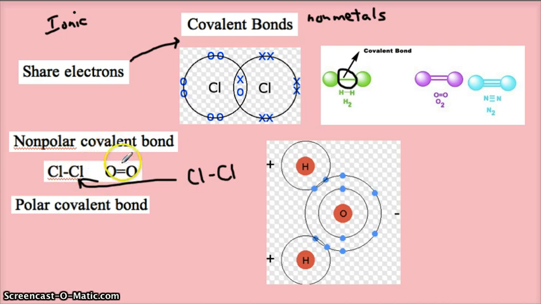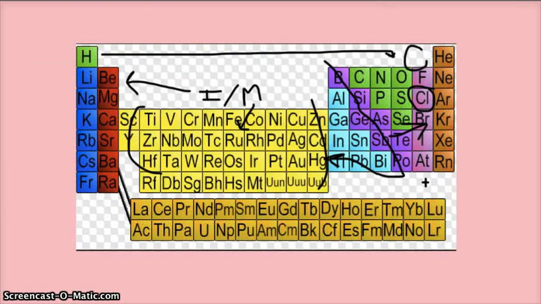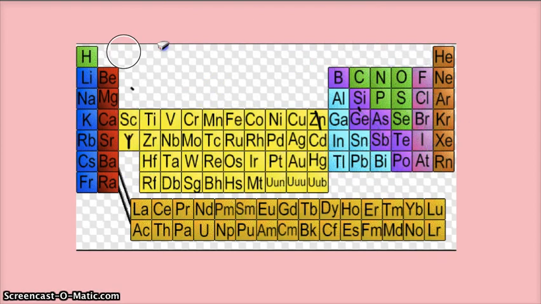Now notice what you have right here. You have two bars. This is going to be a double covalent bond. And let's see why oxygen would need a double covalent bond. I think I better erase some of this. See, where is oxygen? Oxygen is in this column.